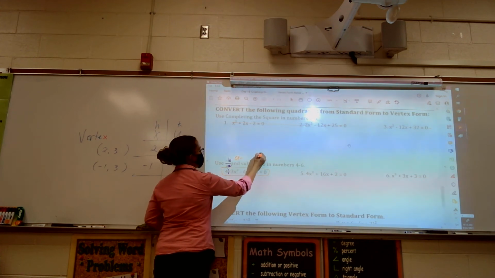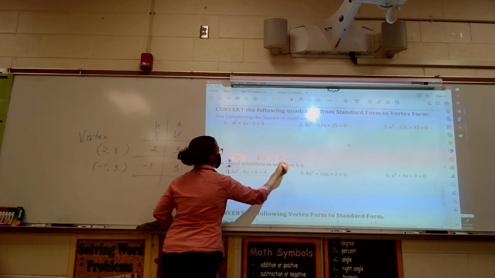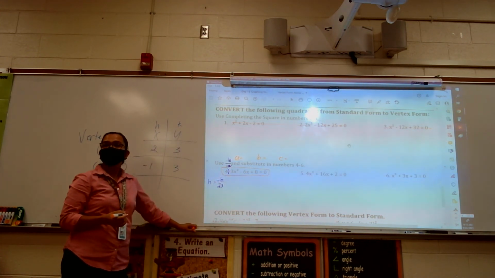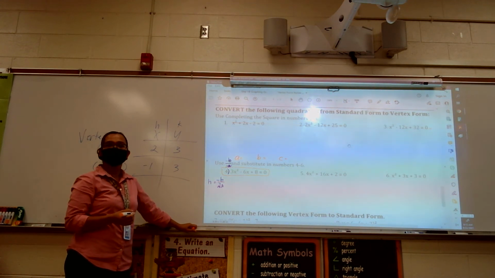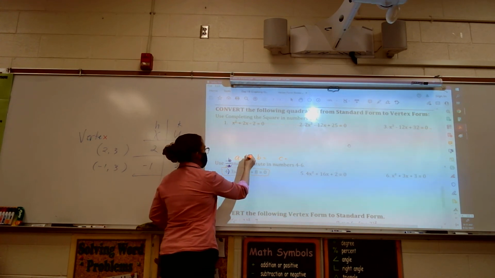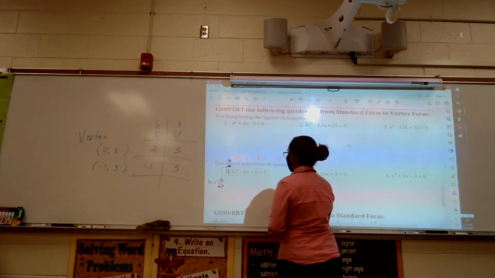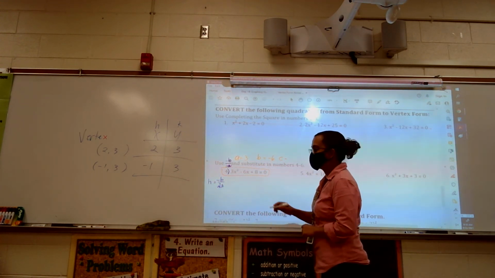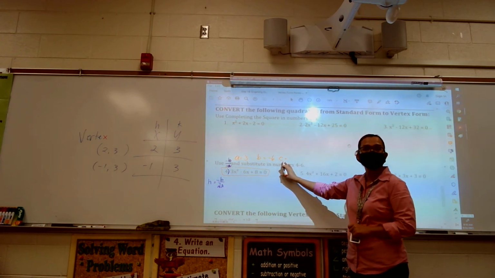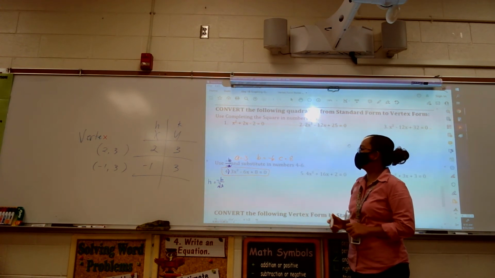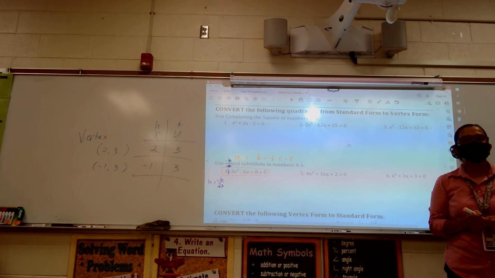A coefficient? B, C. What's your A coefficient? 3. What is your B coefficient? Negative 6. What is your C coefficient? 8. Okay, go. Go do it.